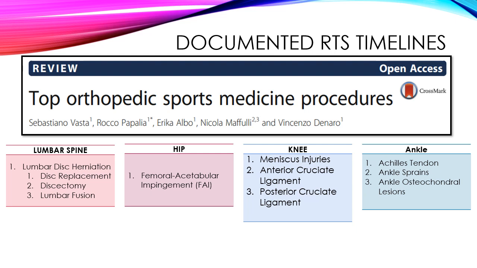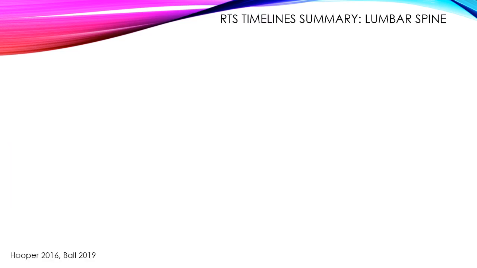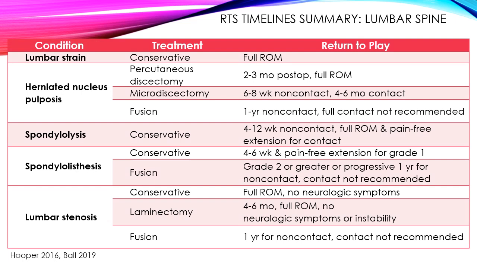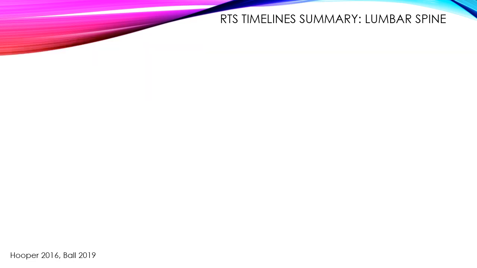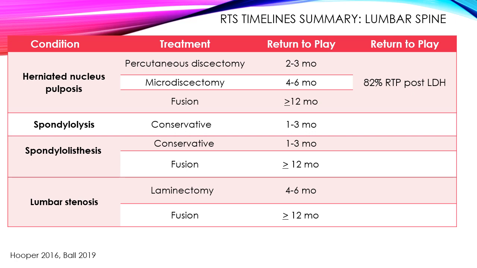So when we're considering the lower quarter and the surgical procedures that we'll see for each of the given major body regions. When we're looking at the return to sport timeline summary for the lumbar spine, these are the expected time points at which athletes will return to sport. Lumbar spine continued.